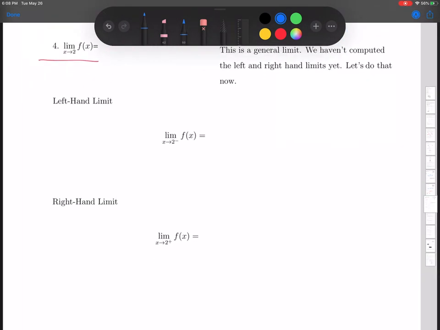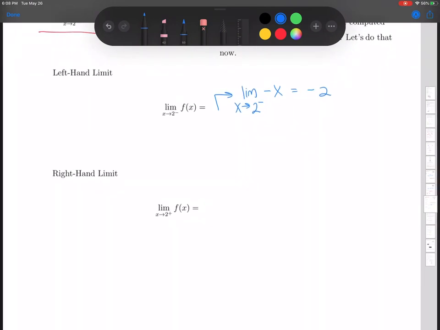So I pointed to it. So for the left-hand side limit, we're going to use this. It's going to be the limit as x approaches 2 from the left, and we would be plugging that into negative x, right? So if we do that, we're just going to get negative 2. That's our answer for the left-hand side limit.